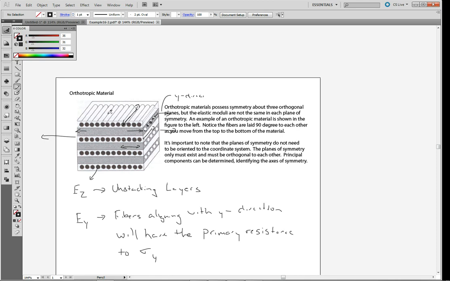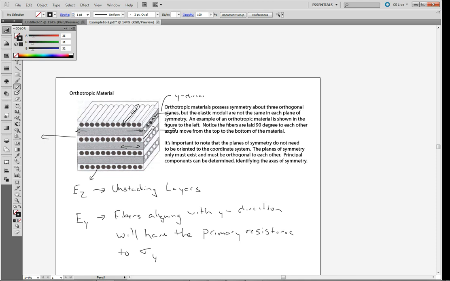Now, if this fiber in X is different than the fiber in Y, then all of a sudden X and Y have different material properties. In the same way, the Poisson's effects when I'm pulling on a fiber aligned in the X direction are going to be different than for a fiber aligned in the Y direction, and different from this unstacking of the different layers. And this is the classic you-can't-push-on-a-rope problem.